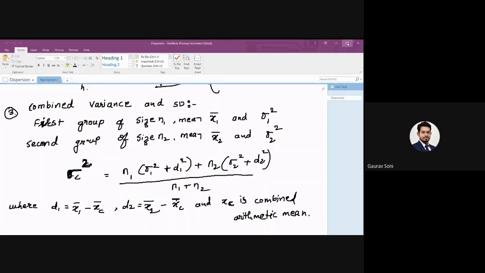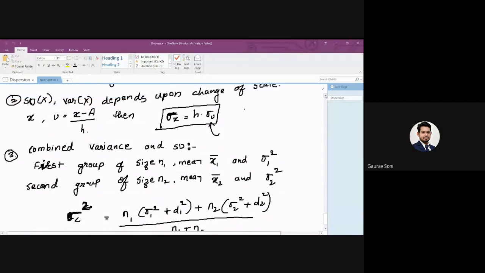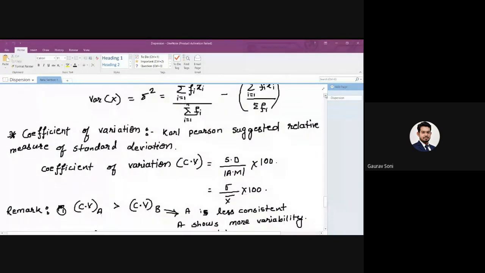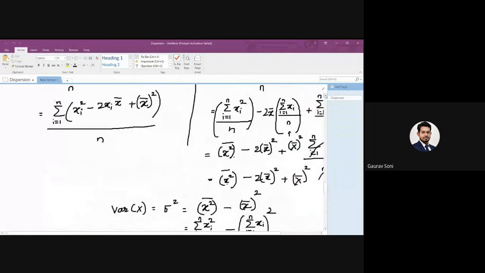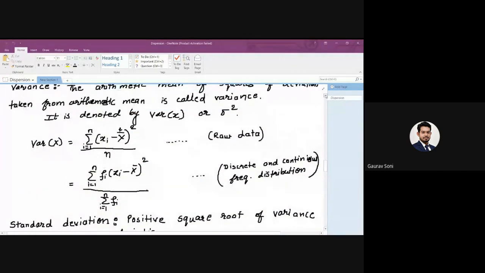So what we have done in the previous lecture was we started with the variance. The variance is nothing but the mean square deviation from the mean. So x bar is the mean, summation of (xi minus x bar) whole square upon n.